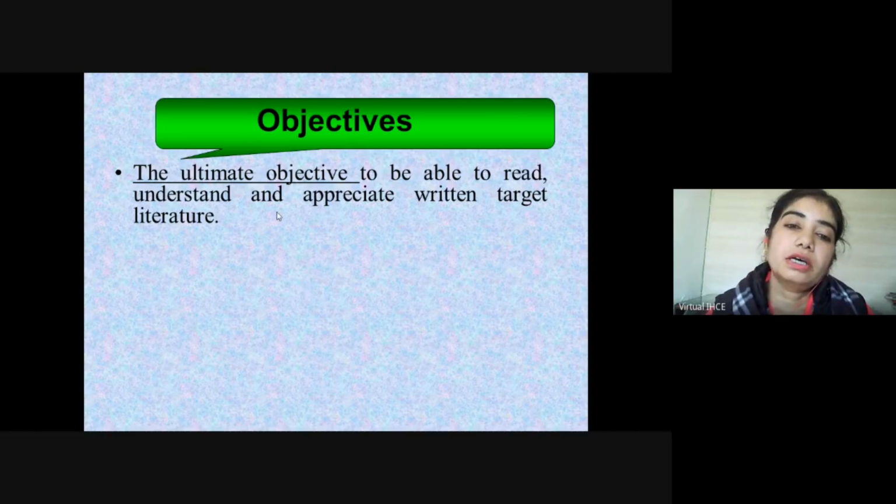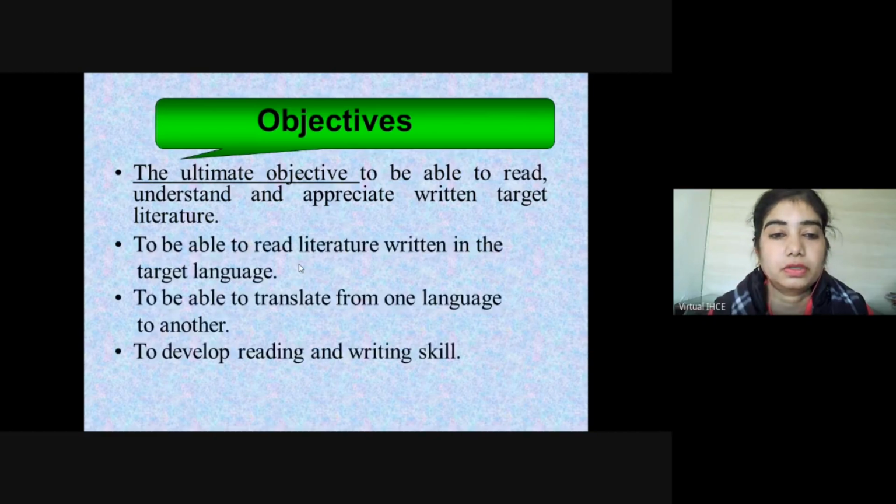The ultimate objective is to be able to read, then understand and appreciate written target literature. To be able to read literature written in the target language, which over here means English language. The student should be able to read the literature written in the target language.